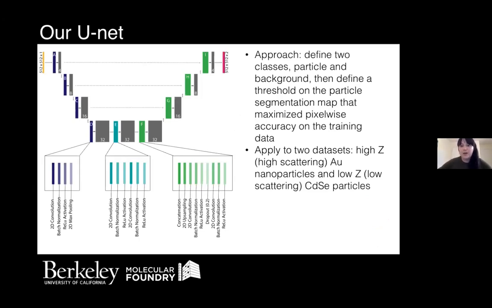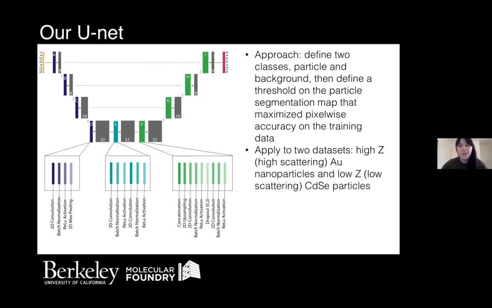In electron microscopy, it is very time consuming to take even 1,000 images. So we are typically limited to hundreds of images when we are training our neural nets, and therefore we need to lighten up our neural net architecture to avoid overfitting or memorization.